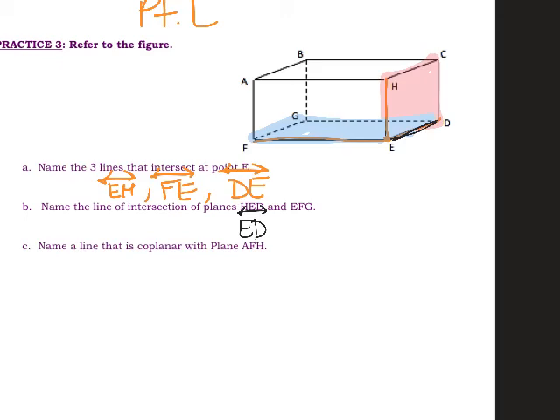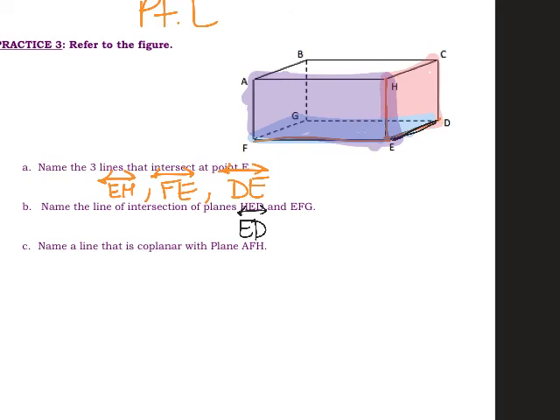Last one, name a line that's coplanar with plane AFH. So let's highlight plane A, H, and F. Oh, let's use purple. A, F, and H. All right, that's the plane I'm talking about.